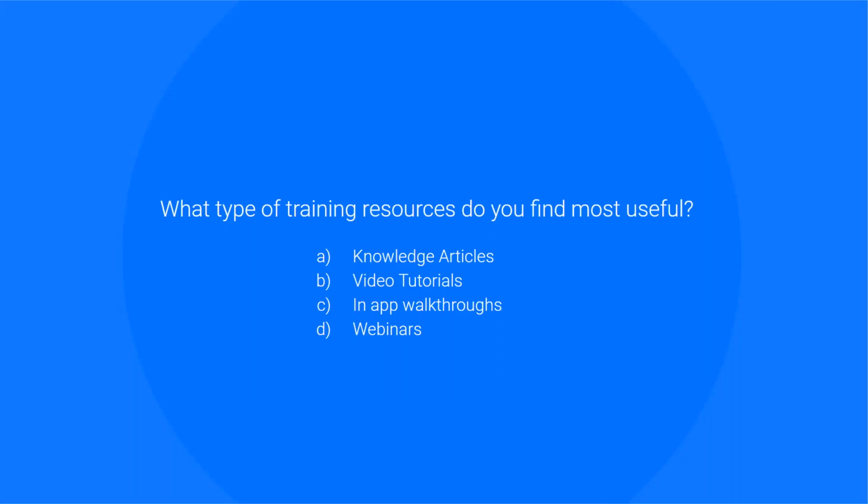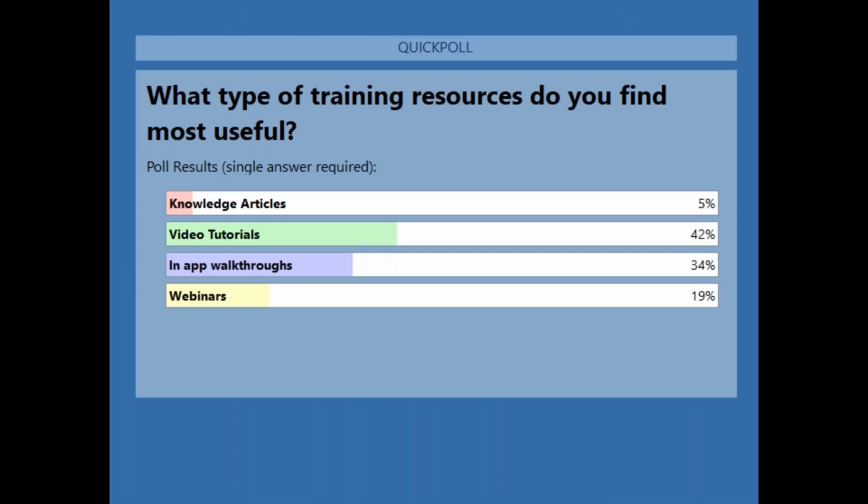All right, I will close it out here and share. Not surprisingly, our visual tutorials and in-app walkthroughs scored high with 42 and 34%, webinars at 19, and knowledge articles about 5%.